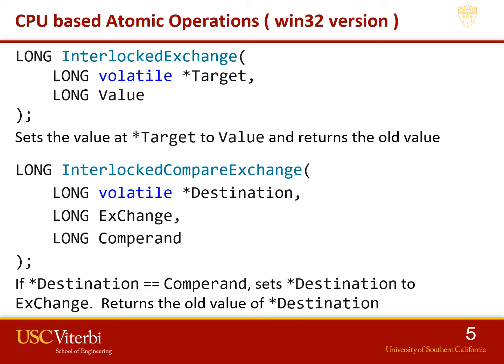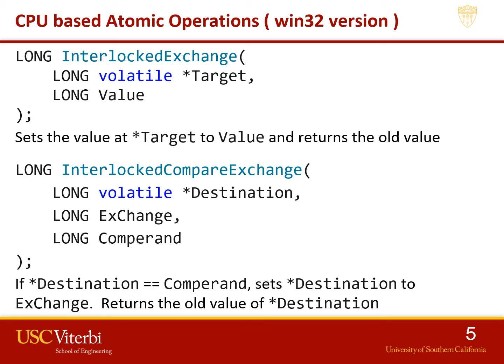Okay, that's that. Interlocked compare exchange is very similar, but it has a compare injected in the middle. It says, hey, what is at destination right now? If destination happens to be this value, then I want you to change it out and put in that value. And while you're at it, no matter what, whether it was or it wasn't, return back to me whatever was in there.